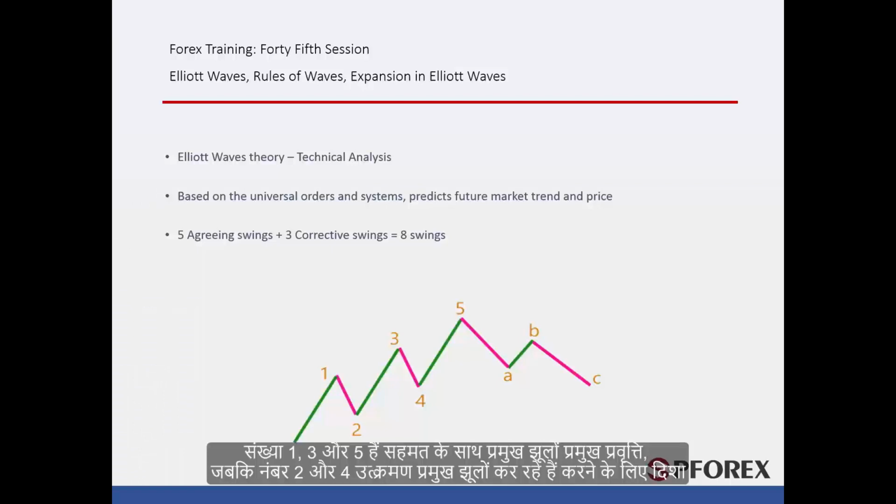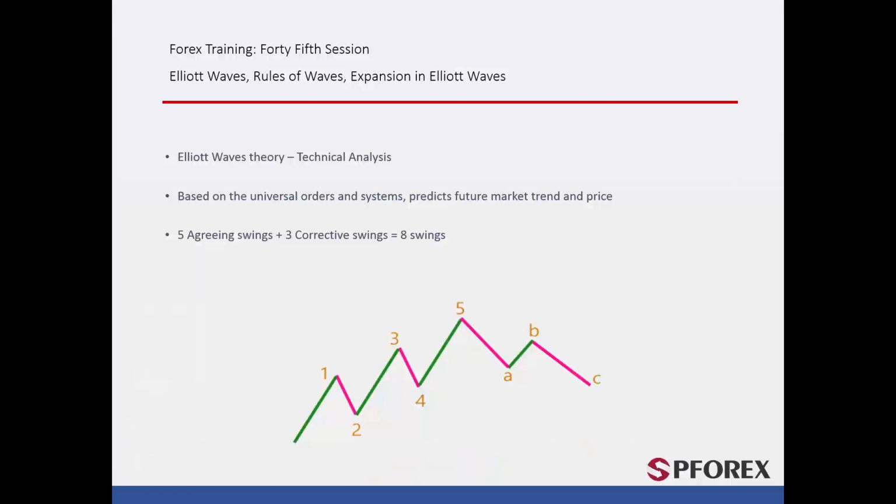Numbers 1, 3 and 5 are the major swings with agreeing direction to major trend, while numbers 2 and 4 are reversal major swings. Swings 1, 3, 5 and B are agreeing, and swings 2, 4, A and C are reversal.